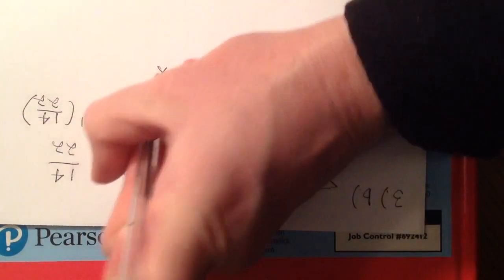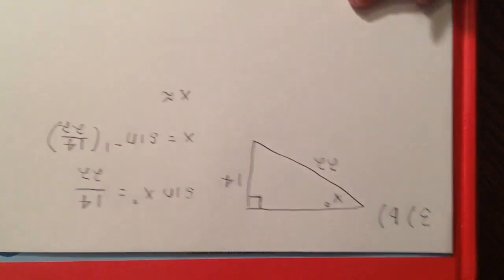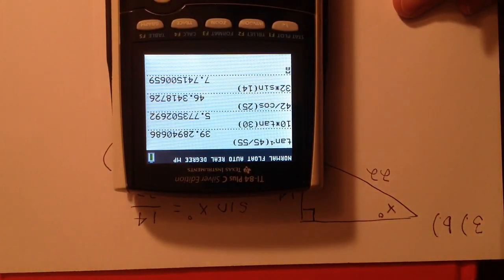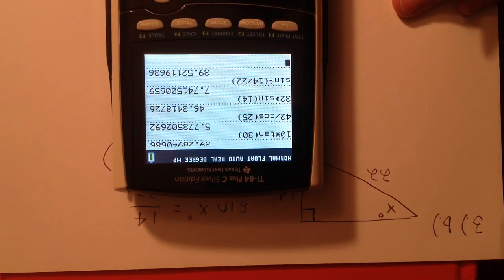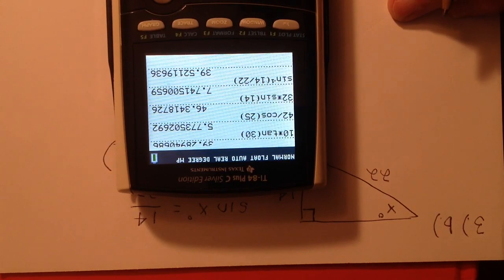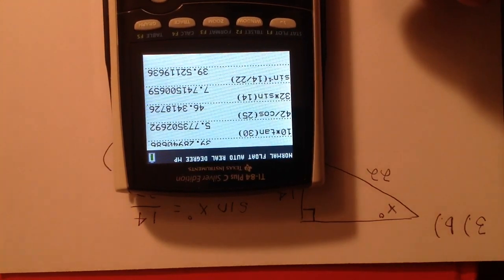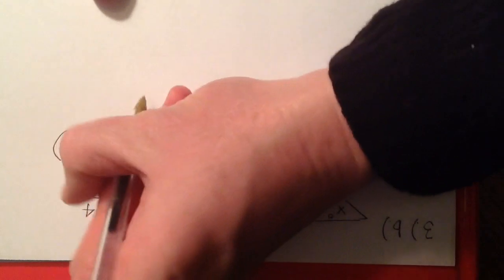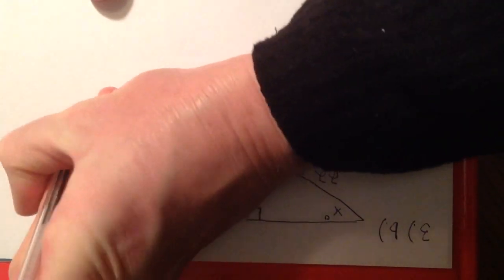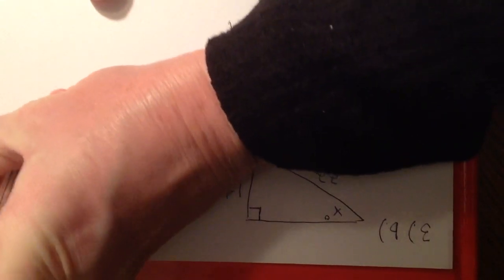On your calculator, that will require you to press second and then sine, and then we want 14 over 22, and we're going to round that. Now that's right in the middle, so normally I might round that to 40 degrees, but I can see how 39.5 degrees or 40 degrees, if you're rounding to the nearest degree, would work.